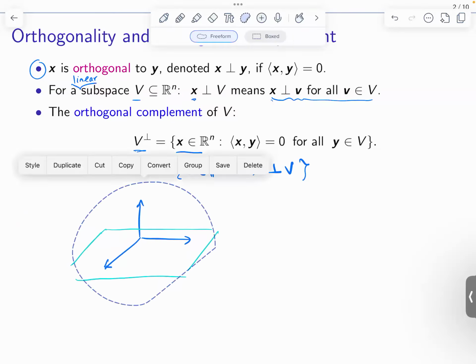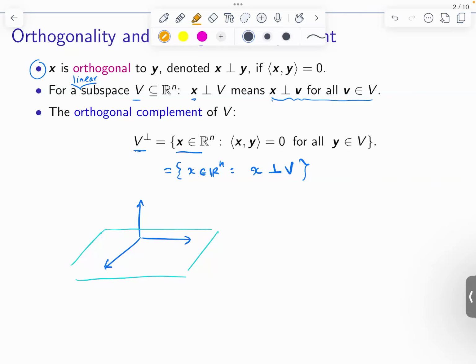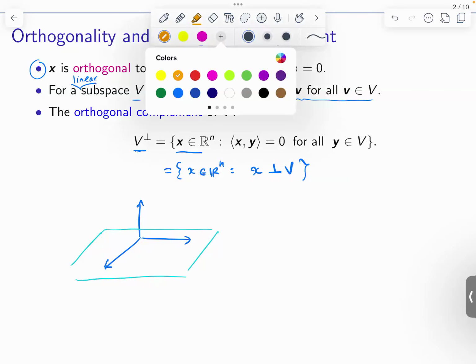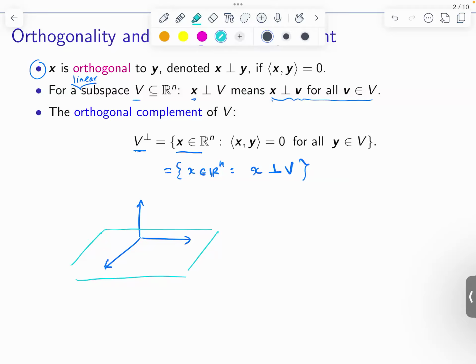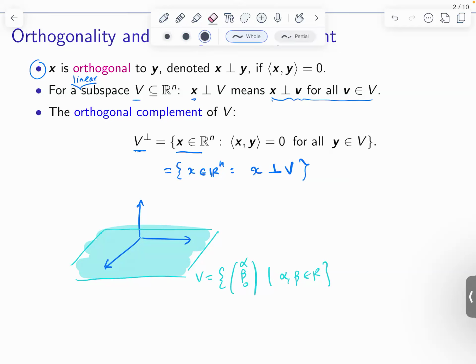So V is the xy plane. I can write it as the set of alpha, beta, 0, such that alpha and beta are in R. Anything in R3 that has the last coordinate 0, but the other coordinates arbitrary, is in the xy plane.